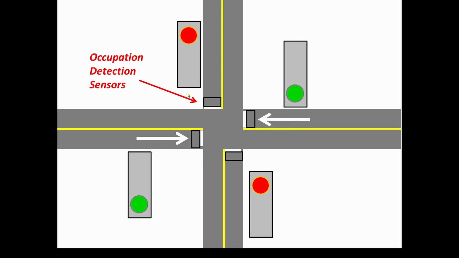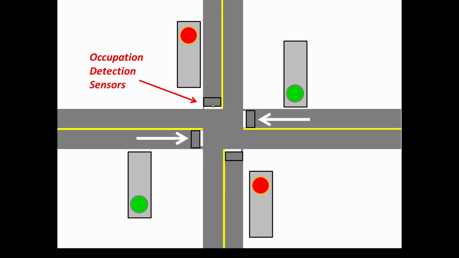You could set up this controller so that if a car comes on this vertical lane and stops, this sensor would say, hey, there's a car here. Maybe we need to change the lights because we haven't had any cars here. These guys have been passing horizontally. This sensor will be able to change the controller and say, hey, let's give these vertical guys a green light because they're starting to get some traffic.